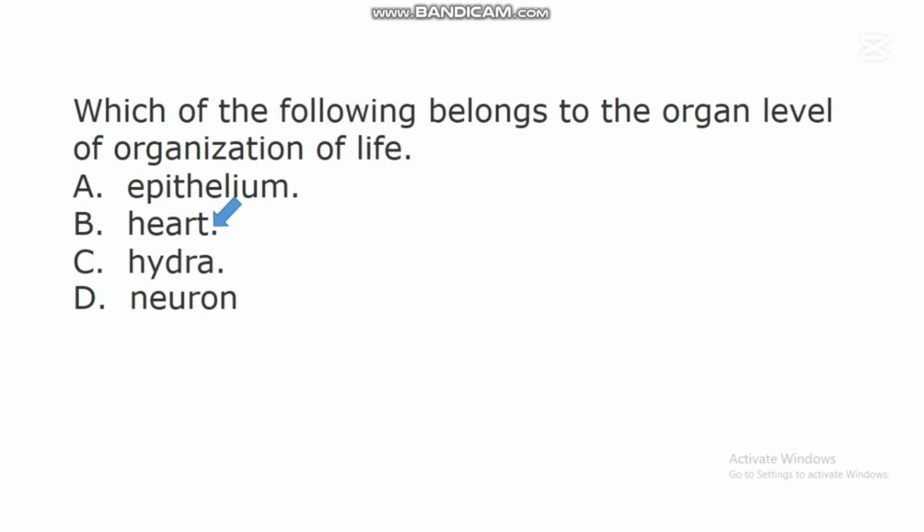Heart is one of the examples of organ, and this heart belongs to the organ level of organization of life. Epithelium is a tissue, Hydra belongs to the tissue level, neuron belongs to the cellular level. But this structure called heart is an organ that can be found in a multicellular animal.